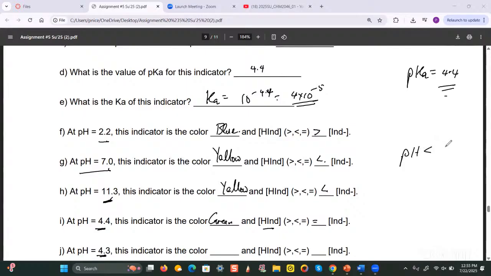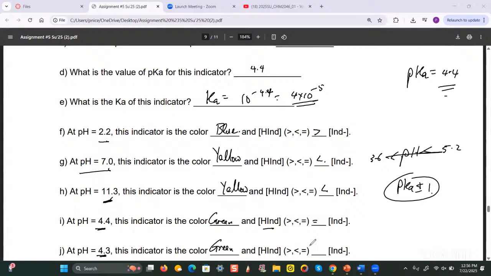The range was from 5.2 to 3.6, right? Oh, okay, this is what I was thinking. If the pH is within the range of pKa plus or minus 1, then it's going to behave as if the molecules are in approximately the same amount. So basically this is going to be green.